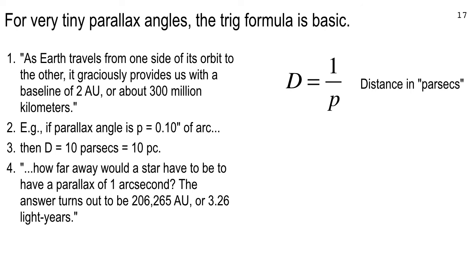It would be approximately 206,265 astronomical units. And that's about 3.26 light years. So 1 parsec, using this trig formula up here, d equals 1 over p for very, very small angles, is 3.26 light years.